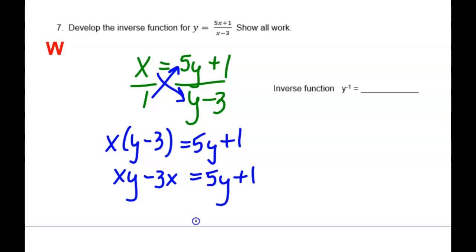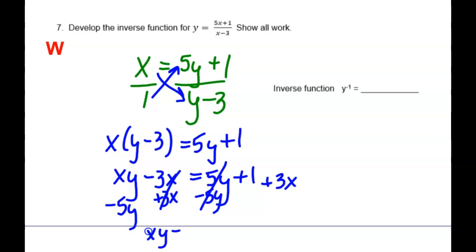Then what's our goal? Get all the Y's to one side. So I'm going to subtract 5Y over to this side and get everything that doesn't have a Y together on the other side. So I have an XY minus a 5Y equals either 1 plus 3X or 3X plus 1, doesn't matter.